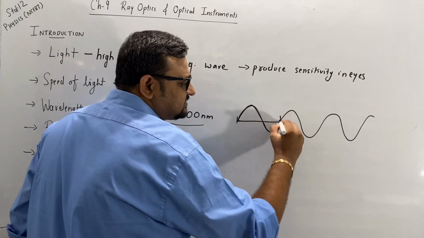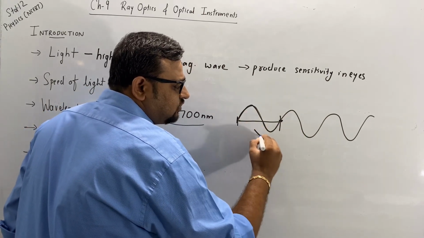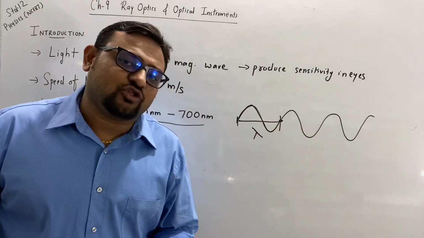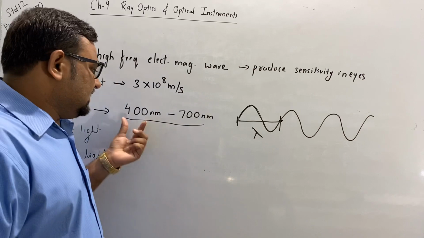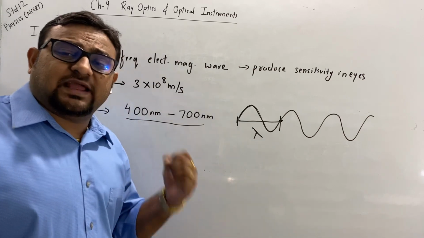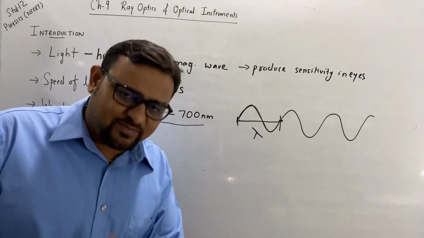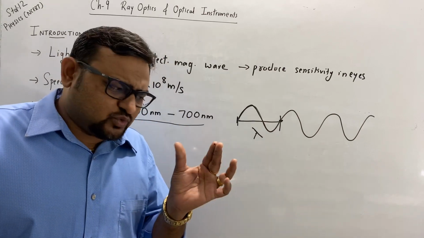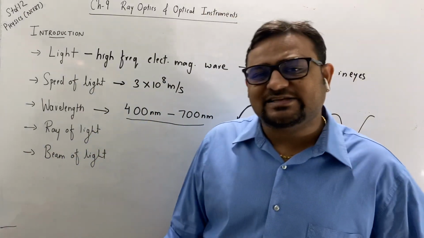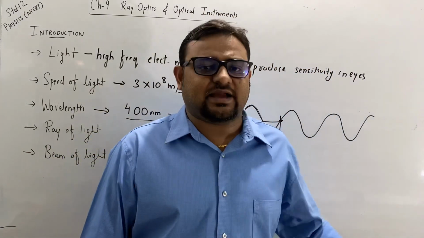So this distance is called lambda, and that is the wavelength of a wave. Now see, 400 nanometer means 400 into 10 raised to minus 9 meter. So the wavelength is very small. So we are considering that light is traveling in a straight line.